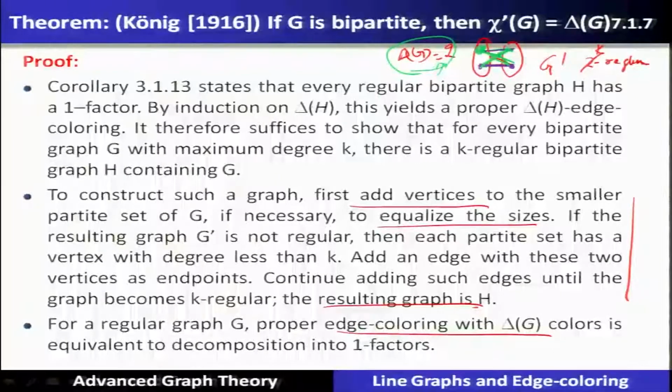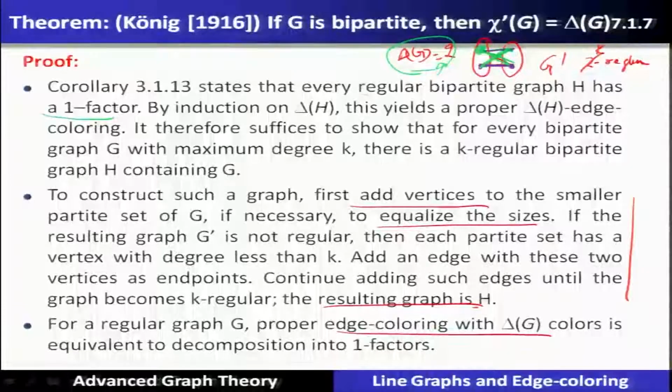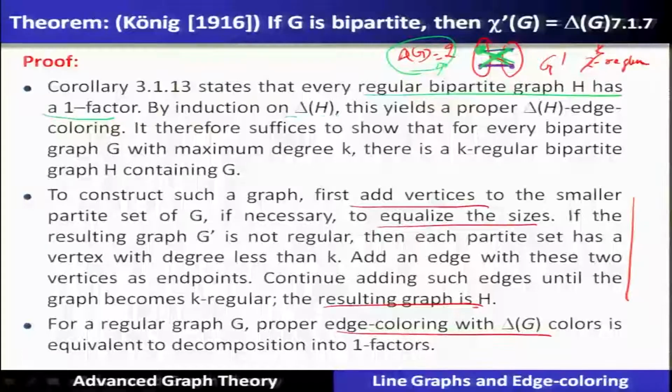Let us read again. Corollary 3.1.3 states that every regular bipartite graph has a one-factor, which is basically a perfect matching. By induction on big delta of this graph, this yields a proper delta H edge coloring.